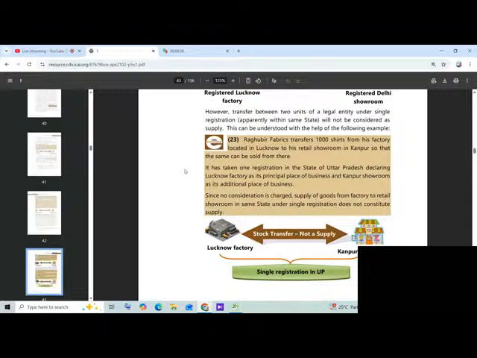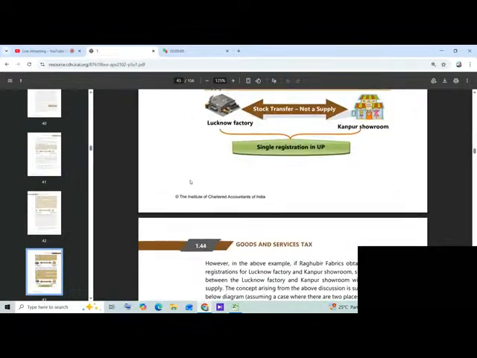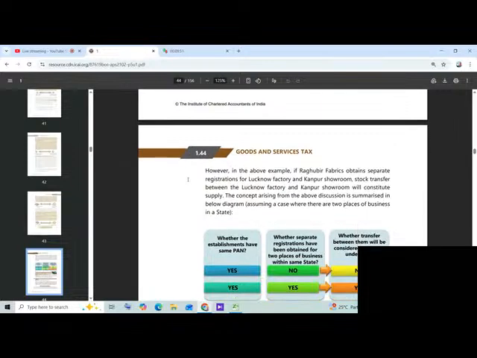Since no consideration is charged, supply of goods from factory to retail showroom in the same state under single registration does not constitute supply. However, in the above example, if Raghubir Fabrics obtained separate registrations for Lucknow and Kanpur, stock transfer between the Lucknow factory and Kanpur showroom will constitute supply.